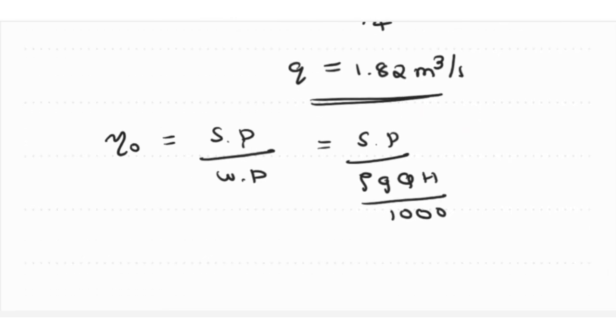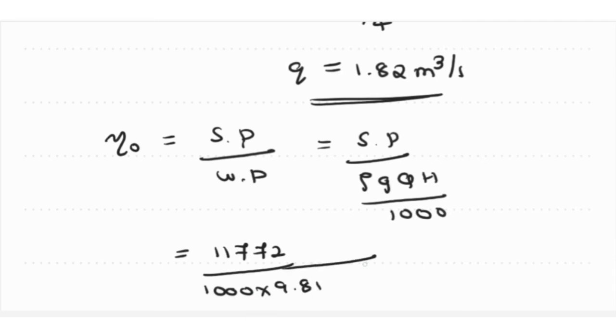Substituting the values, shaft power is 11772 divided by rho of water, 1000, into 9.81 into Q, which we will keep as it is, and H is 380.